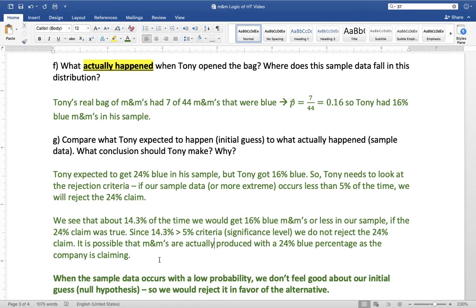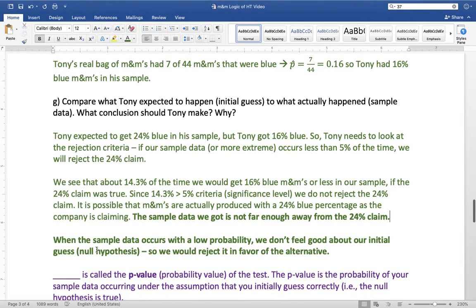In other words, the sample data we got is not far enough away from the 24% claim. That 16% is not far enough away for us to reject that.